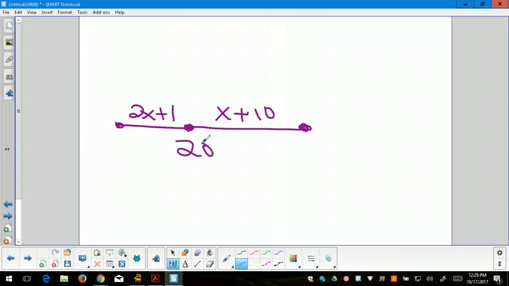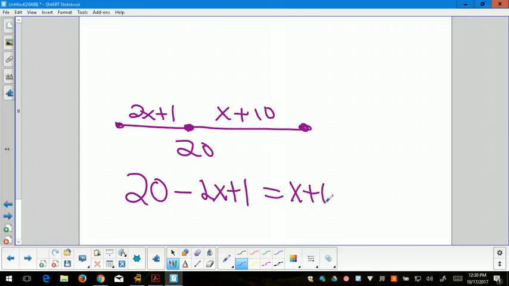On their quiz, even though they knew they're supposed to set up piece plus piece equals the whole thing, I can't tell you how many people said, well, the whole thing minus one of the pieces will equal the other piece. And their logic was correct, but their math was extremely wrong, starting with the equation that they set up. What's wrong with this equation?